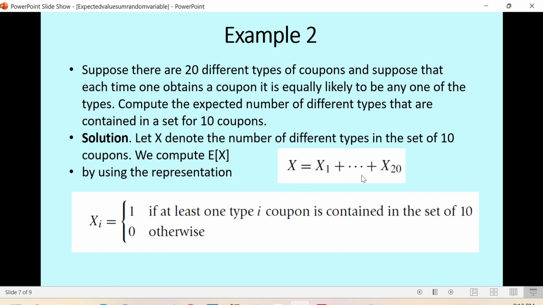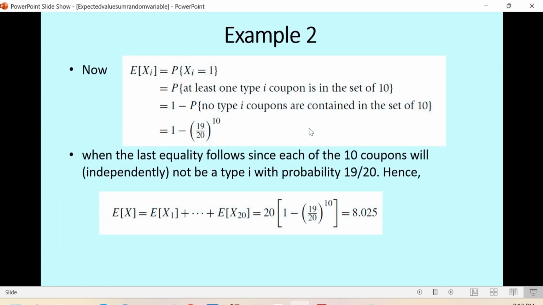So we can model the expected number of different types of coupons in these 10 as the summation of these 20 random variables. And each of these 20 random variables can be expressed as a Boolean or binary result: 1 if at least one coupon of this type is in the set of 10, otherwise 0.